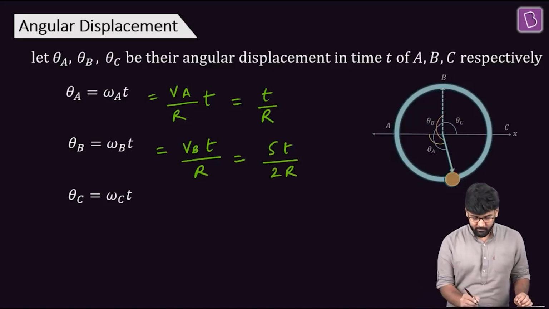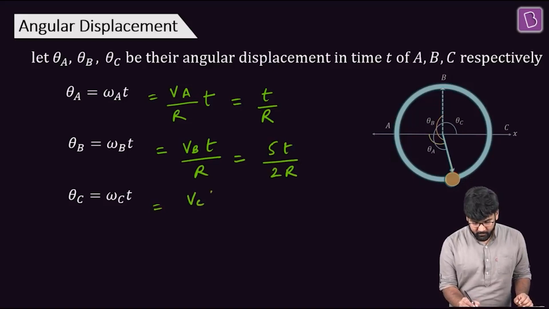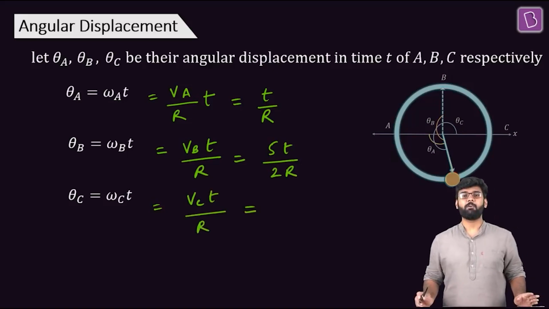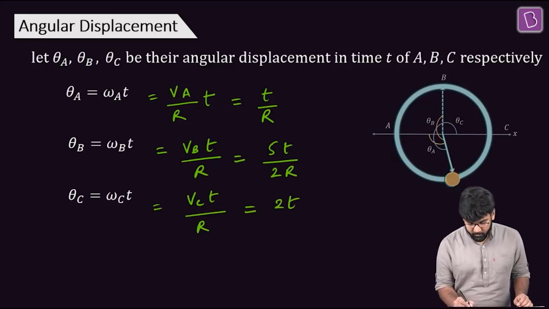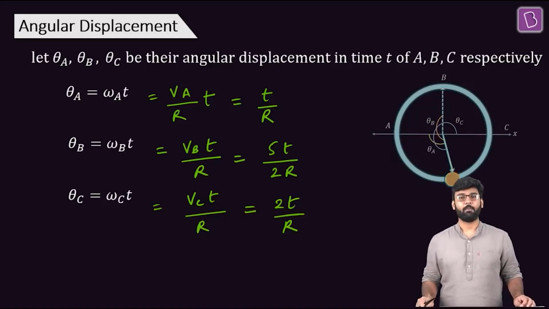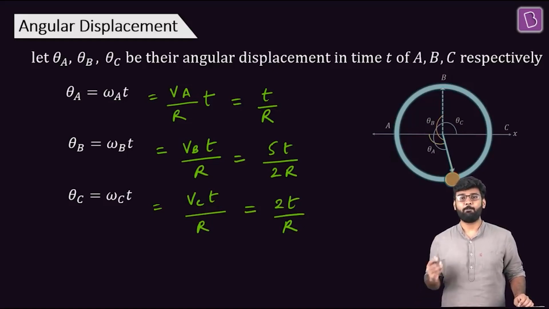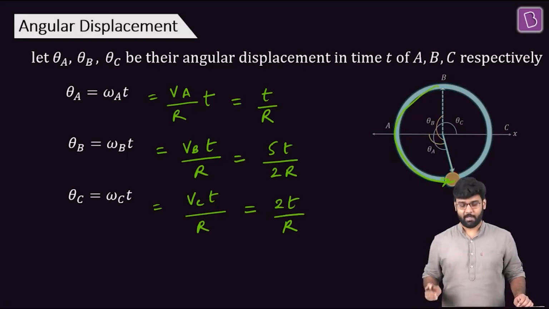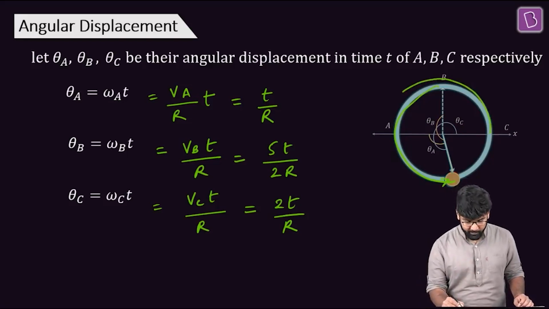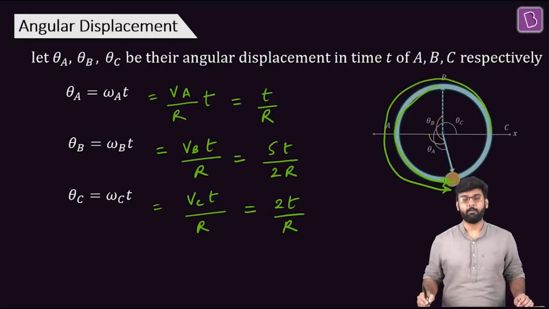And theta C will be VC into T by R. And velocity of particle C or speed of particle C is 2 meters per second. So that will be 2T by R. And now we have to find the ratio of distance traveled by B to C. So actually B will travel this distance, which is the arc of the circle, and C will travel this complete arc till here.